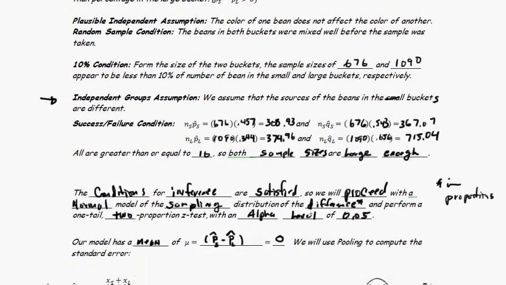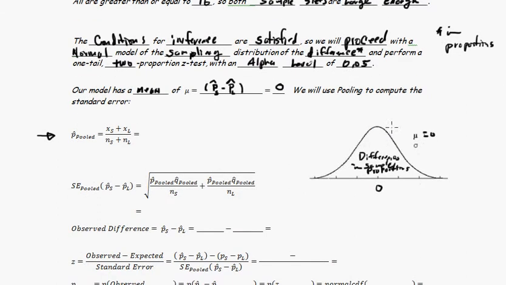Okay, so when we do that, we just take all the red beans. So what this is going to be is 309, because that was the number of red beans in the small bucket, plus 375, divided by the two sample sizes.